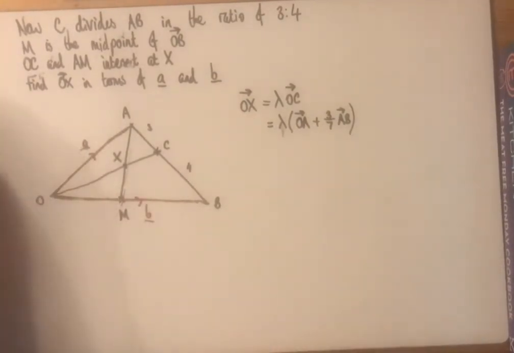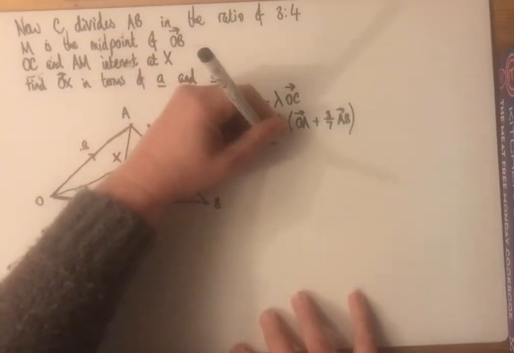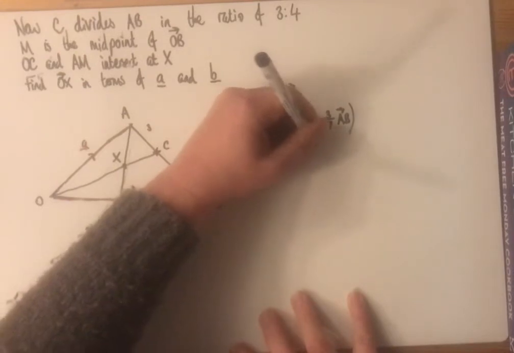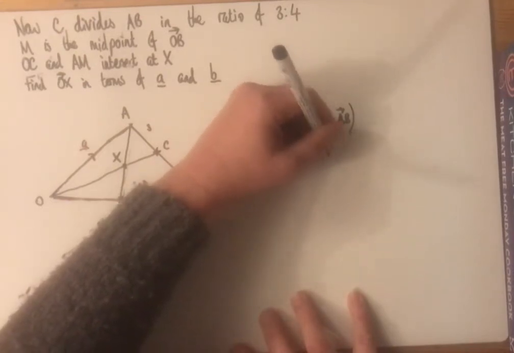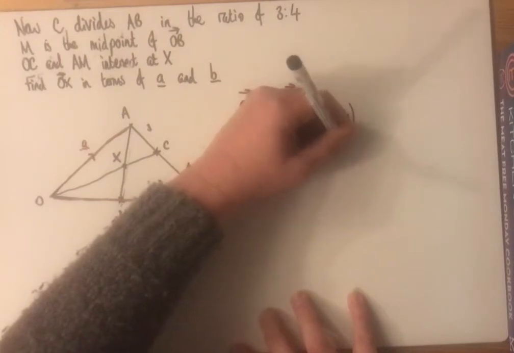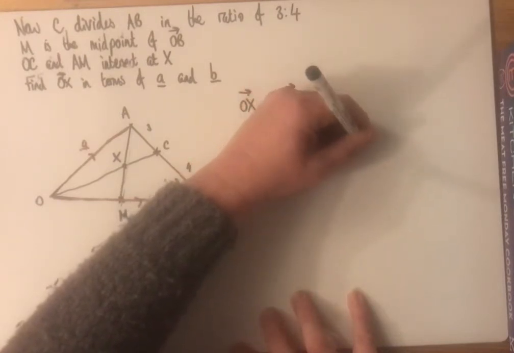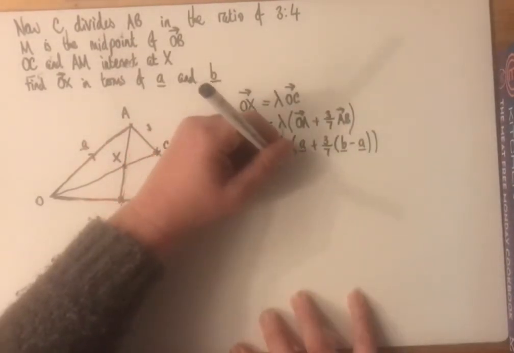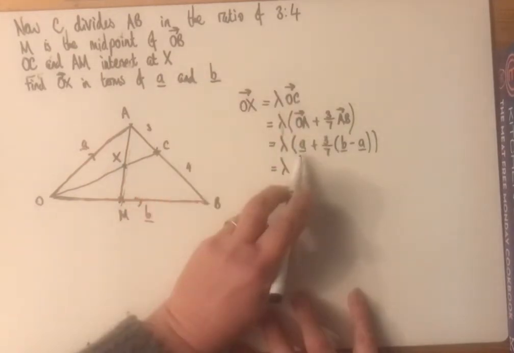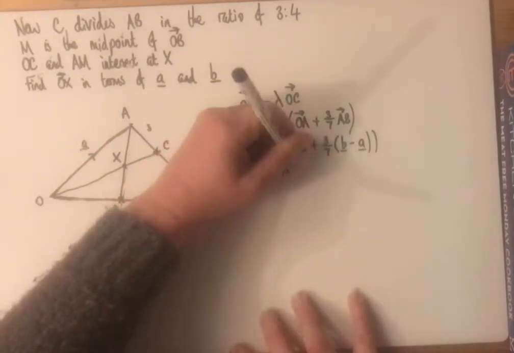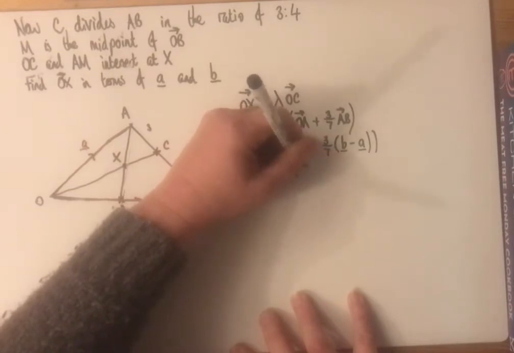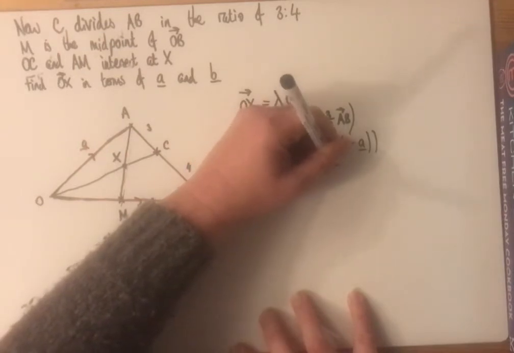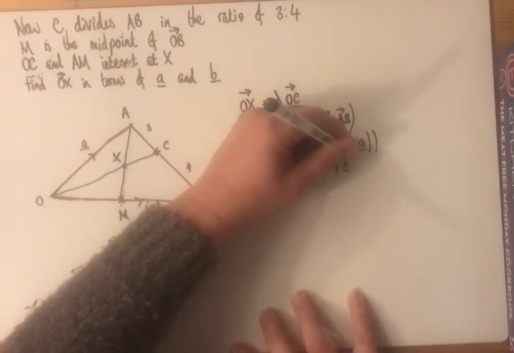So we know the vector that takes you from A to B. So OA is the position vector of A. And the vector that takes you from A to B is the position vector of B minus the position vector of A. And then tidying up that bracket, I've got a minus 3/7 a, which is 4/7 a, plus 3/7 b.